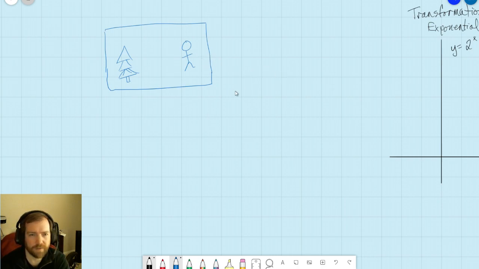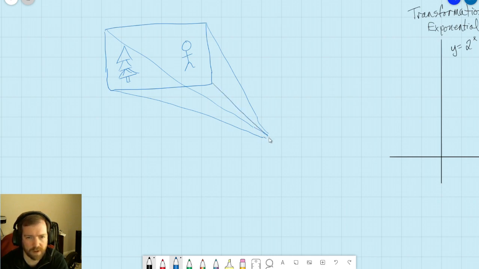Right, and then all of this gets scaled down to like a pinhole.